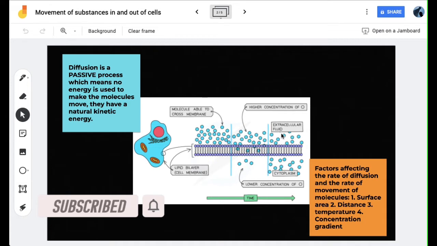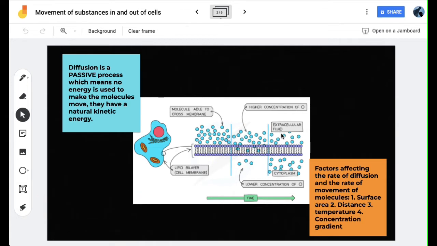Now, there are some factors affecting the rate of diffusion. Number one is the surface area. As the surface area increases, the rate of diffusion also increases. What is the reason behind this? This is because more molecules at a given time will be diffusing.